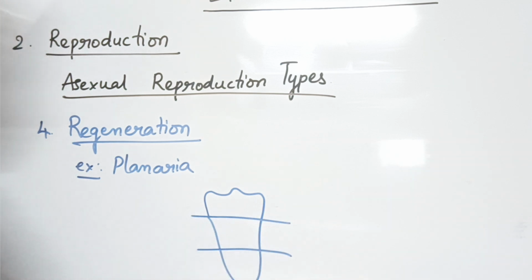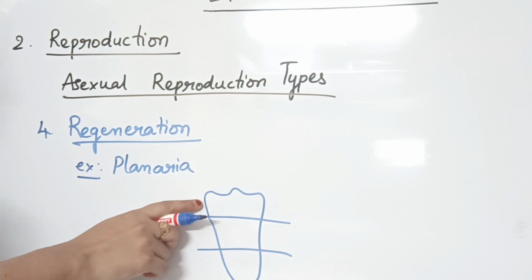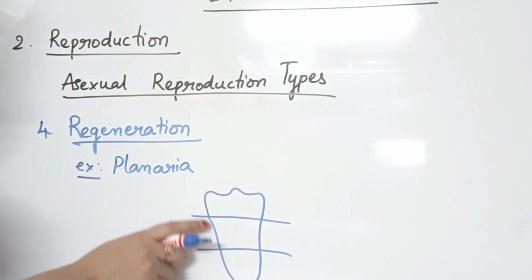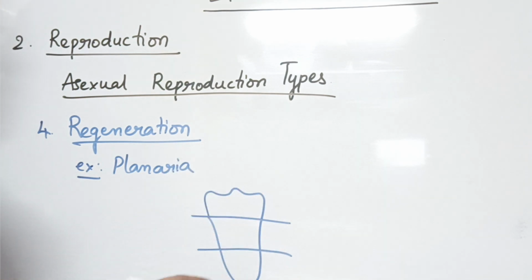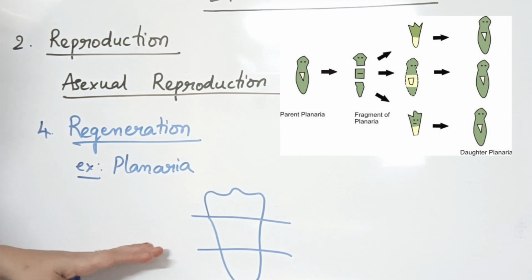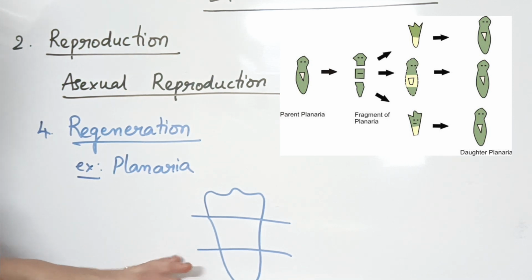We are cutting the organism here and here. Once we cut here, this organism will form into a fully developed organism. If we cut the organism into three parts, then three different planarias can be formed. That means regeneration of the rest of the body parts, and then the organism is divided into fully fledged organisms. All the copies will be exact copies, with cells formed from the parent cells.